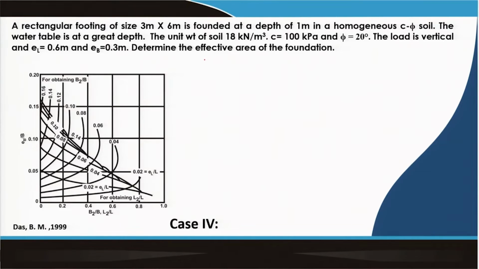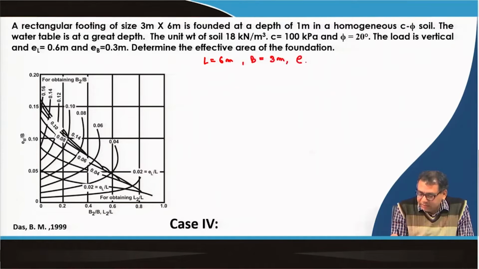So, now my L is equal to 6 meter and B is equal to 3 meter. Now, EL is equal to 0.6 meter and EB is equal to 0.3 meter.